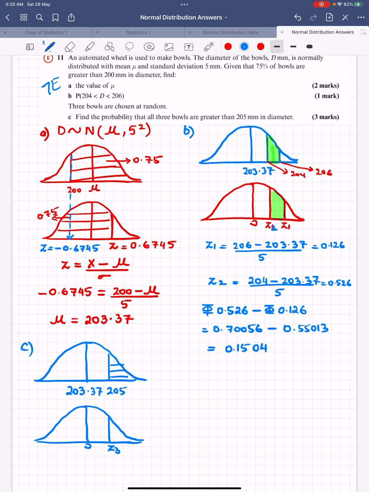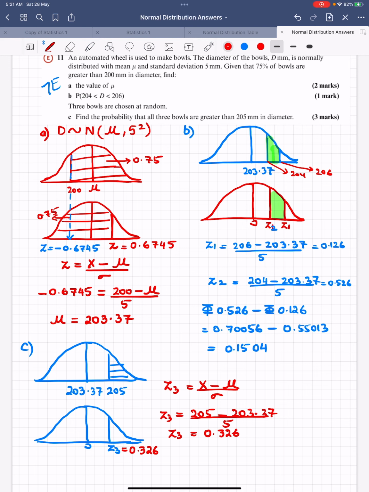Again we use the same formula: observed value x minus the mean, divided by the standard deviation. So that is 205 minus 203.37, divided by 5, and we get a z3 value of 0.326. Now we need the probability to its right.